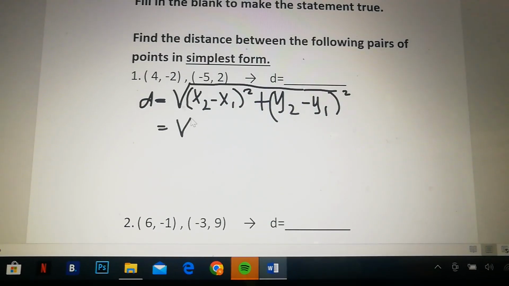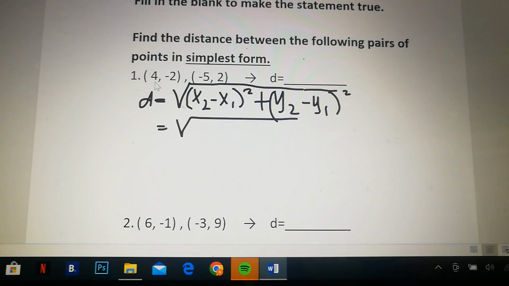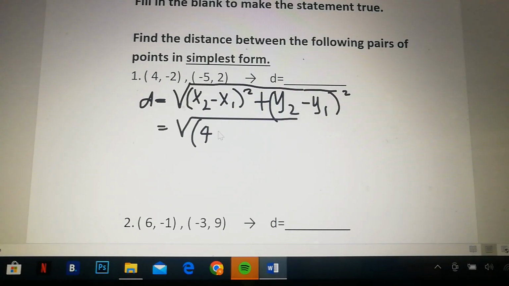Okay, so square root of 4 minus negative 5, so minus negative 5 is 4 plus 5, squared, plus negative 2 minus positive 2, so negative 2 minus 2 squared.